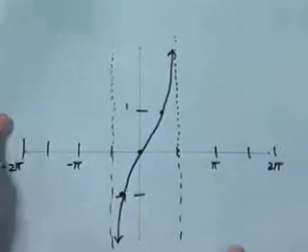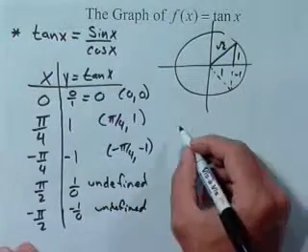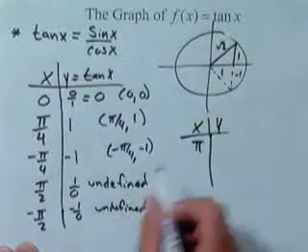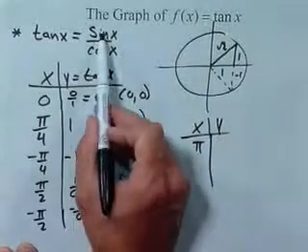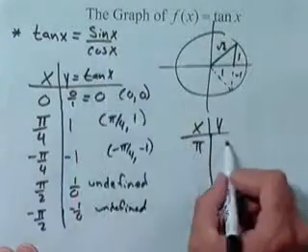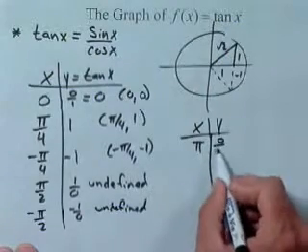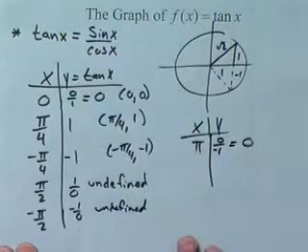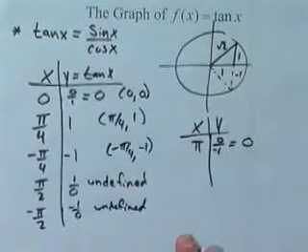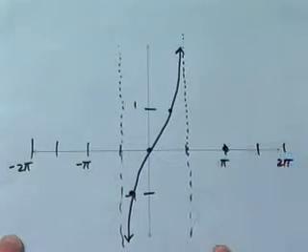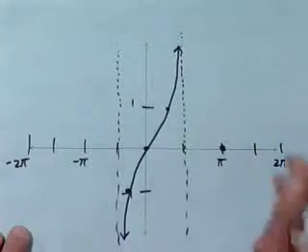Now, what's interesting is I can put some more values in. What's going to happen at pi? Well, if I plug pi in, tangent of pi is sine of pi over cosine pi. Sine of pi is 0. Cosine pi is negative 1, which is 0. So there's another point, pi comma 0, which is right here. And actually, this thing is going to repeat itself again.